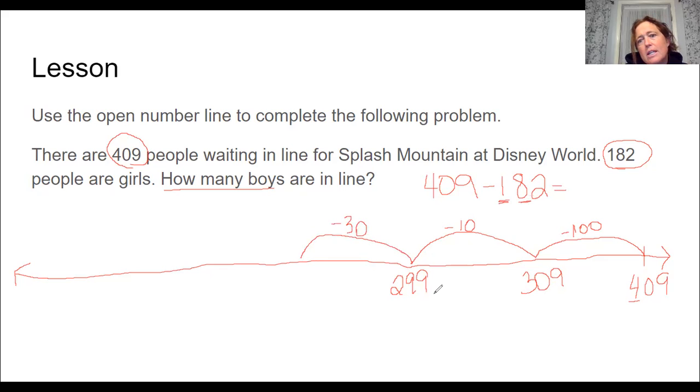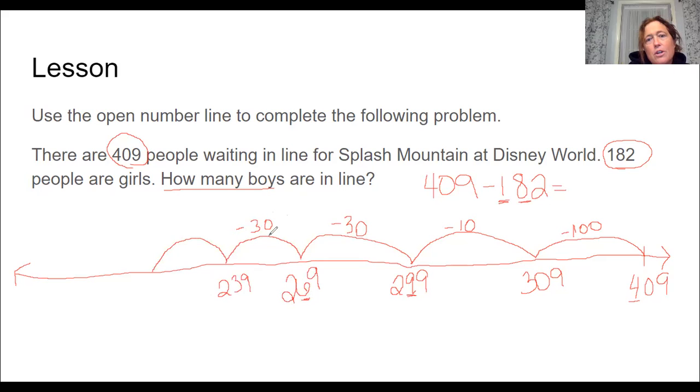So 299 minus 30, I've got 9 in the 10 spot, minus 30 is 269. And then if I subtract another 30 from there, because there's a 6 now in the tens place, I get 239.